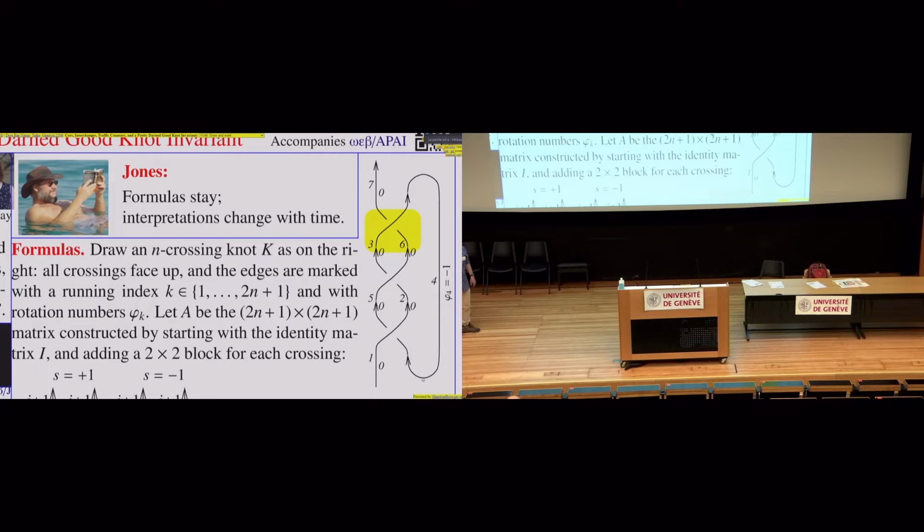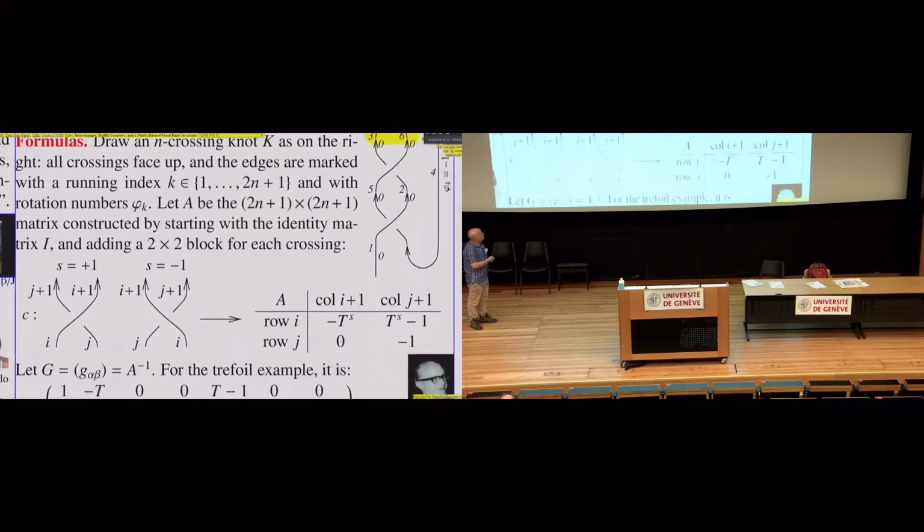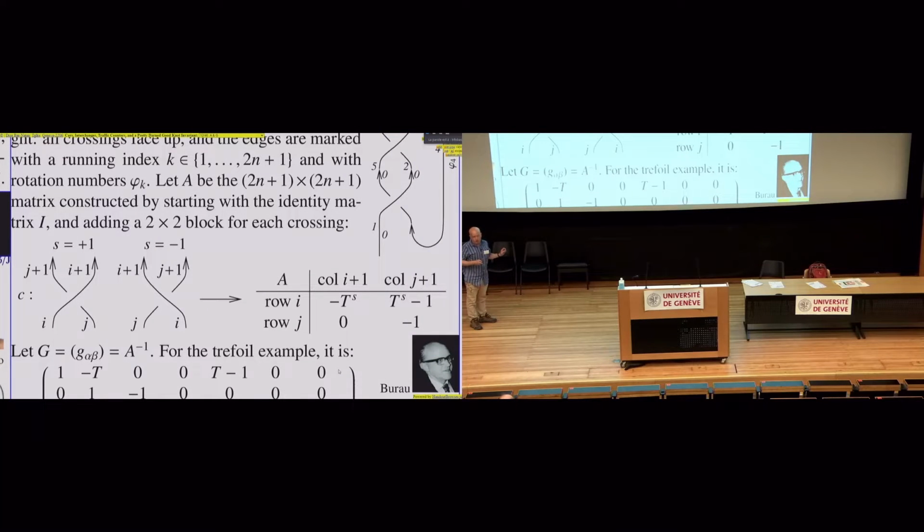And then, having done that, you form a 2n plus 1 by 2n plus 1 matrix A. You start with the identity matrix, and then for each crossing, you add a 2 by 2 block. So if you have a crossing C, first of all, it has a sign, which is either +1 or -1.